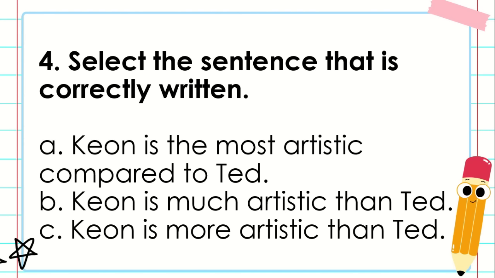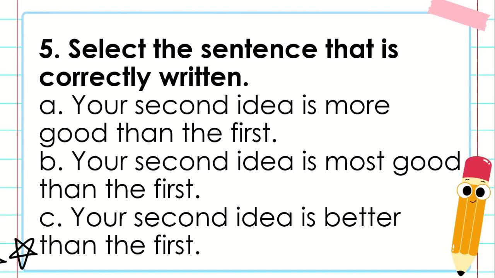B. Keon is much artistic than Ted. C. Keon is more artistic than Ted. Number 5. A. Your second idea is more good than the first. B. Your second idea is most good than the first. C. Your second idea is better than the first.